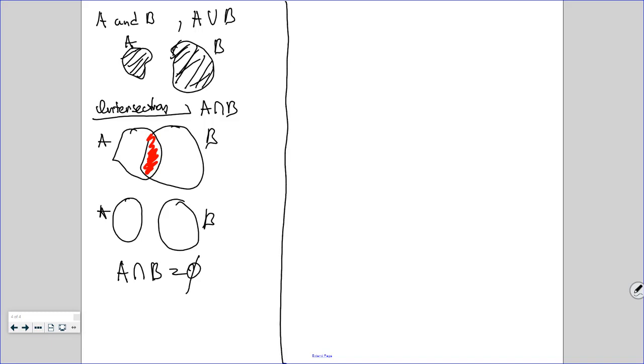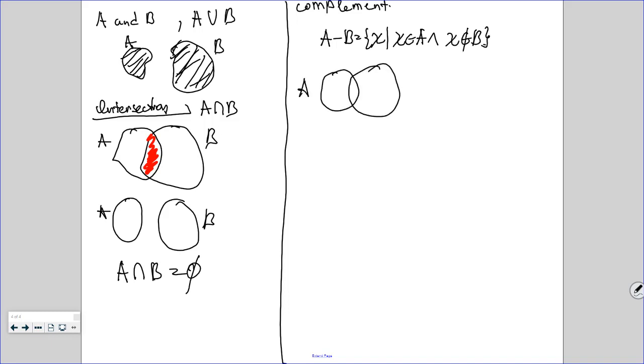Difference or complement of the set. So the complement of B relative to A of two sets is all elements x such that x is in A and x does not belong to B. In this case, we are looking at elements that are in A but do not belong to B. If the sets are disjoint, then they don't share any element, so the complement of B relative to A is A itself.